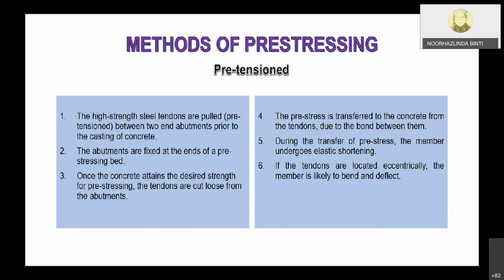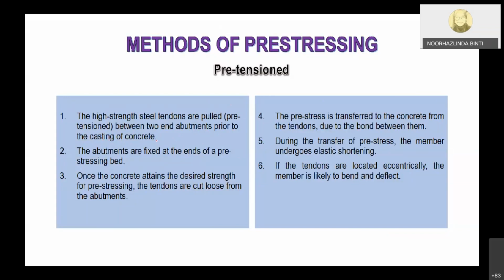So the high strength steel tendons are pulled pre-tension between 2 end abutments prior to the casting of concrete. So what you understand by this is, before you pour the concrete in the mold, we need to pull the tendon first, or the steel strand, for example, or wire first.